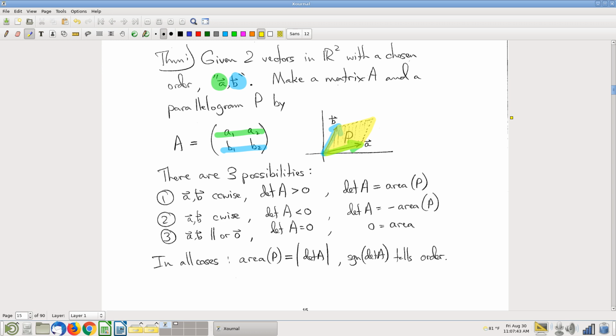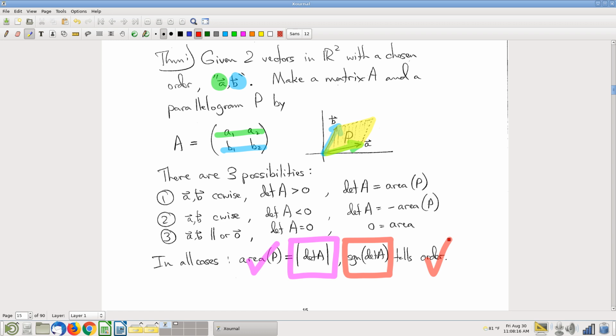So I've made these things, and now I claim that the determinant connects these things in an unbelievable way, as follows. The absolute value of the determinant will tell you the area of that parallelogram. Isn't that mysterious? And furthermore, the sign, plus or minus, of that determinant will tell you whether it's clockwise or counterclockwise as listed.